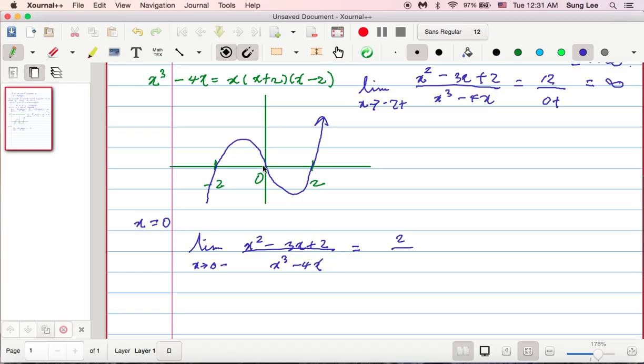Let's take a look at the graph again. X is approaching 0 from the left side. In this case, the graph is what? Above the x-axis. So, it's going to be 0 positive. So, positive infinitesimal. So that's going to be infinity. So we now know that x equals 0, this vertical line, is going to be a vertical asymptote.